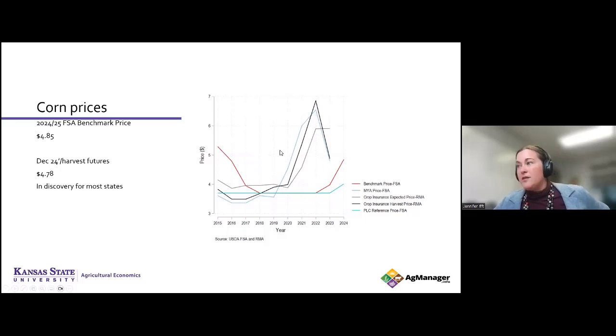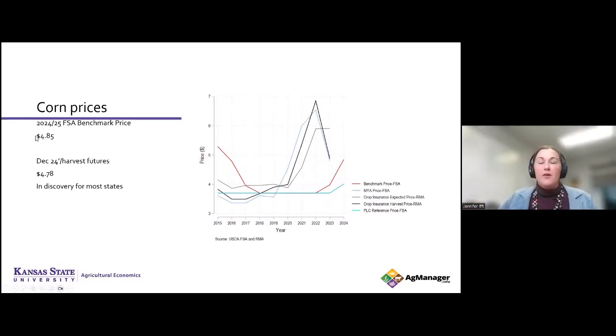How those change over time is definitely related to payouts. Those benchmark prices, the ARC prices, were higher in 2015. And then, if you look more recently, the crop insurance prices were higher. And now we're converging again. And that's really true for all crops to varying degrees.